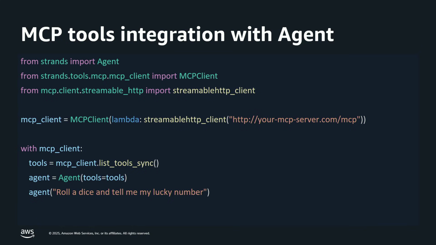I think there's also a very powerful feature there with the list tools function. If you're building MCP servers within your own organization, and different teams are building tools to expose to other teams, each team that owns an MCP server just has to update their endpoint.